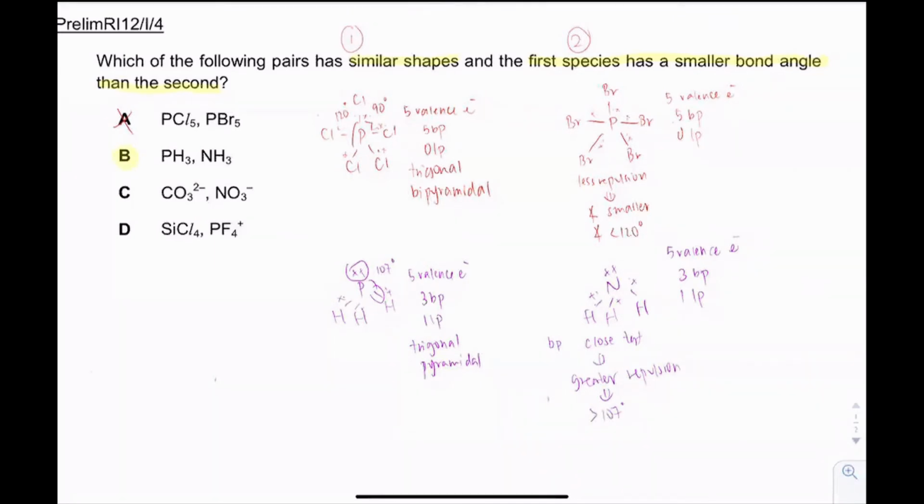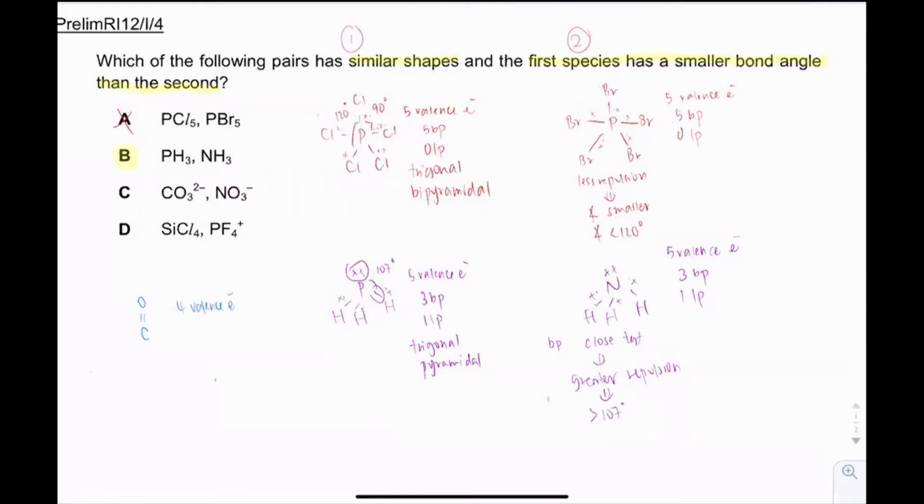Next, CO3 2-. So over here, when you are drawing the dot and cross diagram of anions, you must take note that they have gained electrons. So the gained electrons always go to the more electronegative atom, because the more electronegative atom has greater ability to attract it towards itself. So C has four valence electrons.